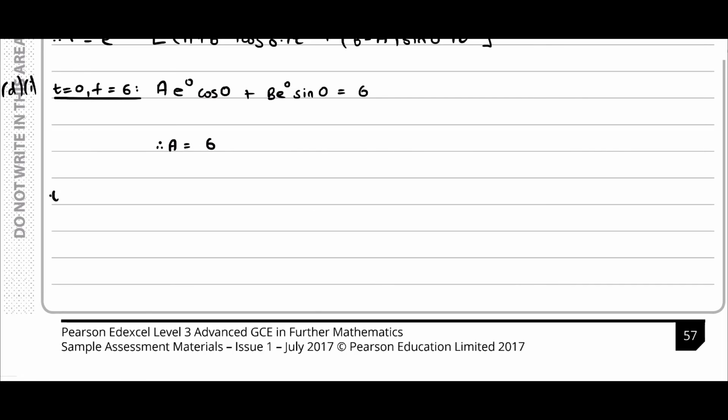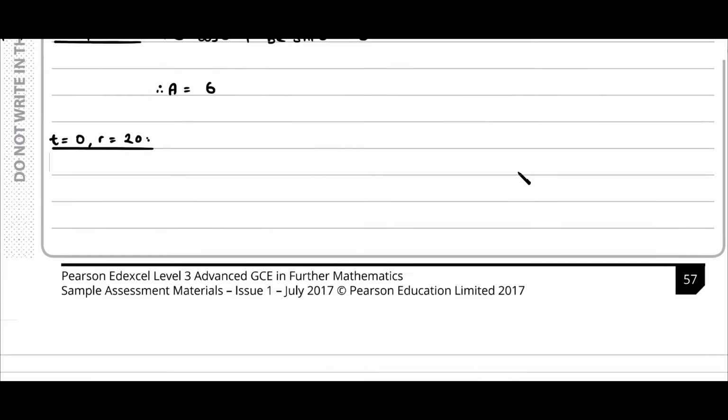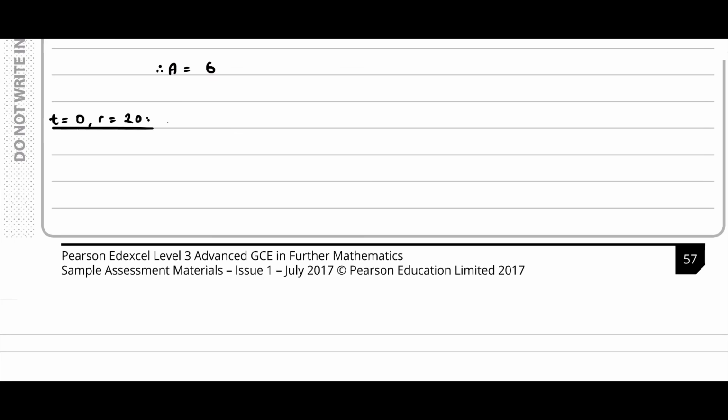And when t is equal to 0, r is equal to 20. So with this information, if we substitute into this equation over here, we have e to the 0 lots of a plus b times the cosine of 0 plus b minus a times the sine of 0.